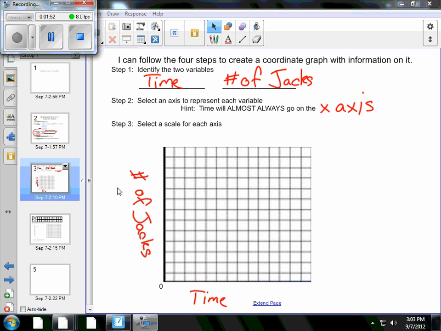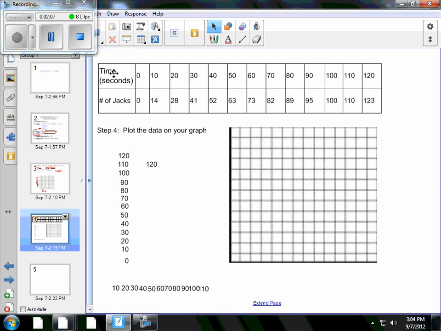Now the next part is step 3, select a scale for each axis. This one we're going to have to look at the minimum and maximum for each of our variables. And we'll have to go back to that table. So I'll show you that table with all the information filled in. Our minimum for both of them is going to be 0.